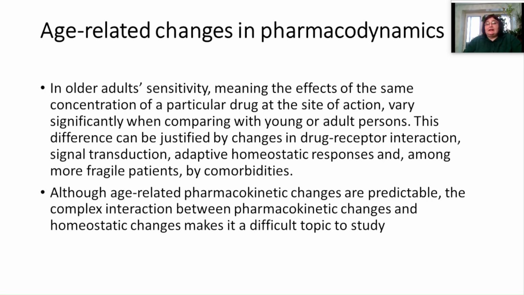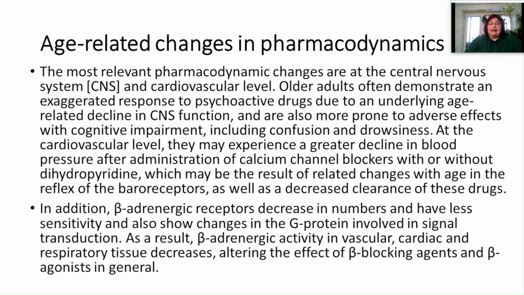This difference can be explained by changes in drug receptor interaction, signal transduction, adaptive homeostatic responses, and, among more fragile patients, by comorbidities. Also, age-related pharmacokinetic changes are predictable. The complex interaction between pharmacokinetic changes and homeostatic changes makes it a difficult topic to study right now.